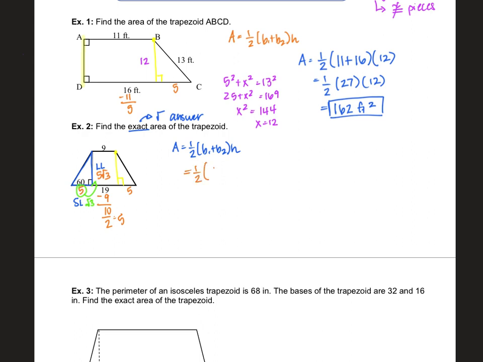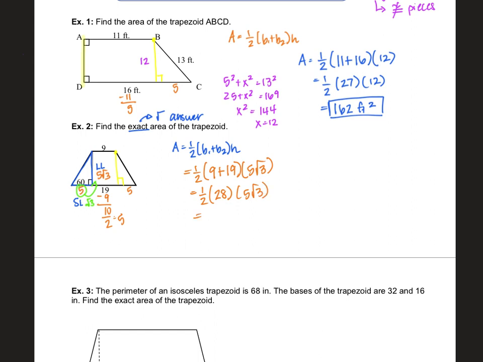So 1/2, my base 1 was 9, base 2 was 19. My height that I just found was 5 square roots of 3. Now, you can't just type this one into the calculator because they want an exact answer, aka our radical possibly in my answer. So we do have to logically think through the steps of this. So 1/2, 9 plus 19 is going to give me 28 times 5 square root of 3.